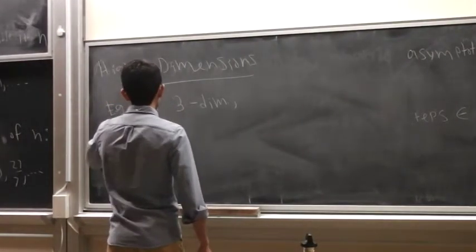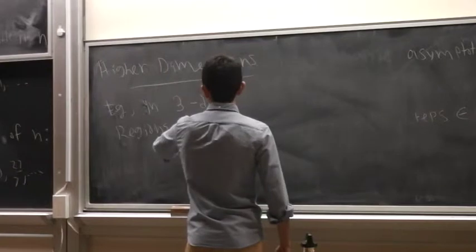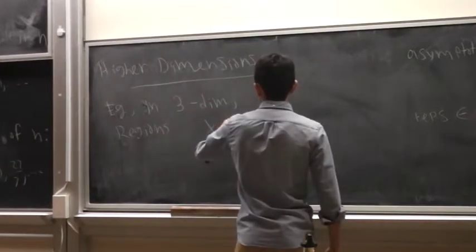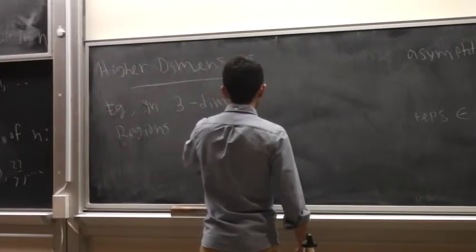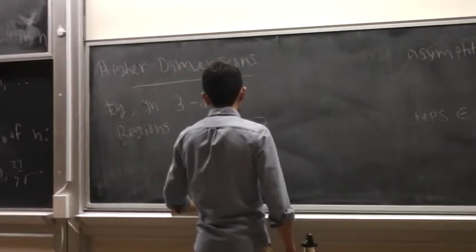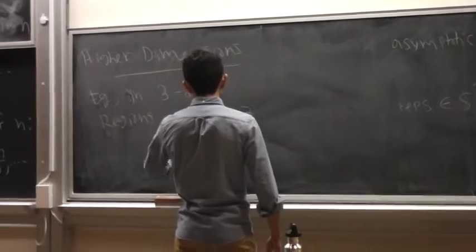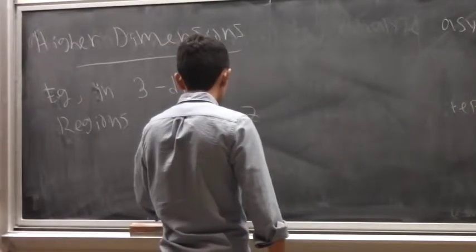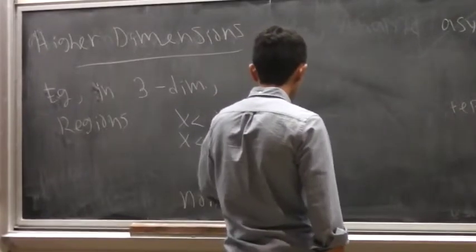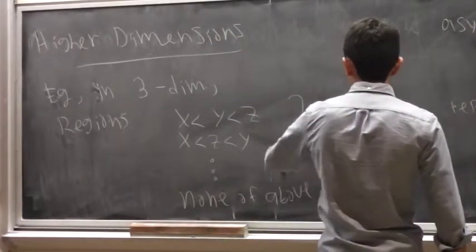Instead of a losing region and a winning region, we could be in the region x is less than y is less than z, or x is less than z is less than y, and so on. And then sort of a boundary region, that we just call none of the above. So altogether, that's going to give you 7.